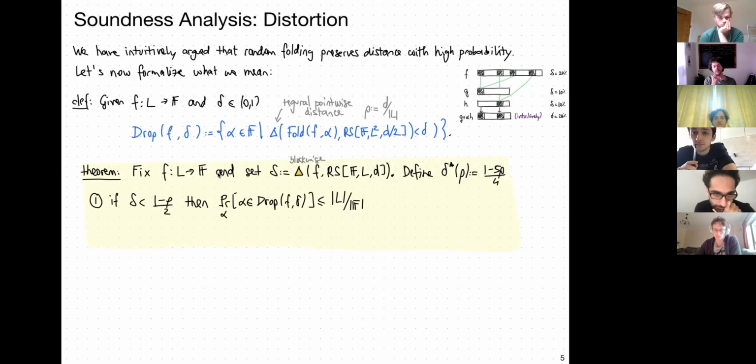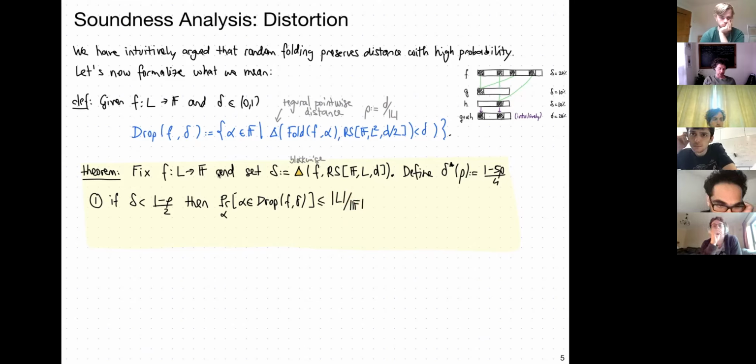What we know is that if the distance is at most (1 minus rho) over 2, if we are in the unique decoding radius, if the function itself is close to some unique low degree polynomial, then the probability of an element being in the drop set is bounded by L over F. Think about F being 1 million L. So it's a probability of 1 over a million of getting this kind of thing.